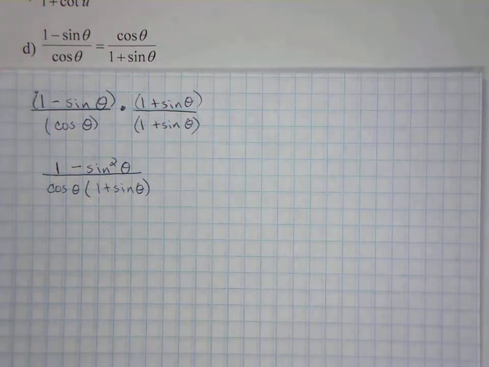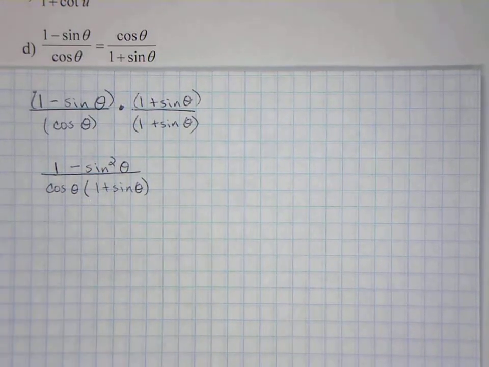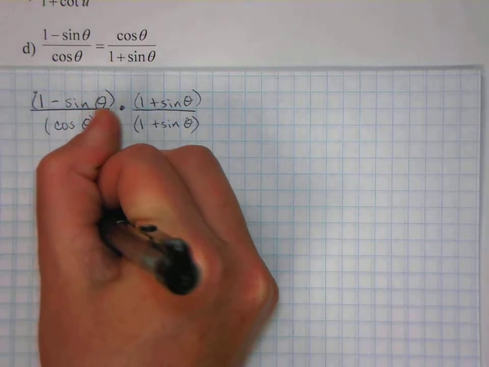So again, you're probably thinking, how would I have any idea to do that? Well, you probably wouldn't. That's why we're doing notes, to give you some potential ideas of steps that you would take to get the problem started. So you're just trying out different things. What I'm hoping you would notice is this 1 minus sine squared. We saw that in one of our earlier pieces, how that's just a manipulated version of the Pythagorean identity. And that in fact equals cosine squared.